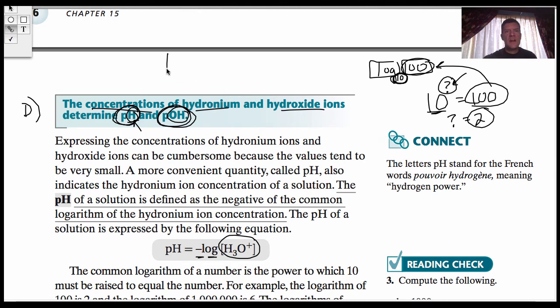So the log of 1,000 is asking 10 to what power will give us 1,000? Well, that's 3. 10 times 10 times 10 is 1,000. Okay?